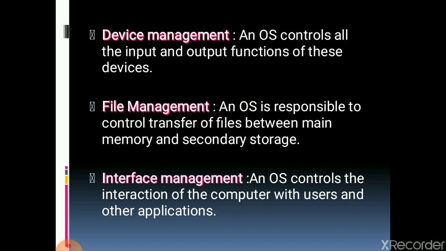Secondary storage means all the devices where we store files permanently, like hard disk, pen drive, and even compact disk, etc. In file management, all the different types of file transfers between the main memory and the secondary storage are controlled.